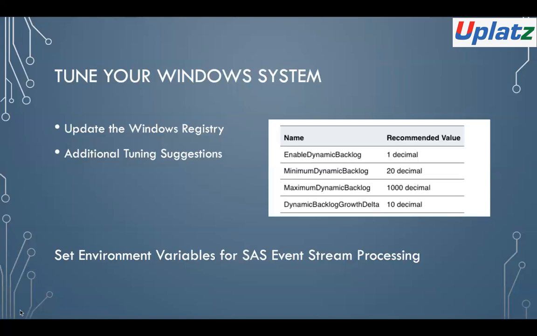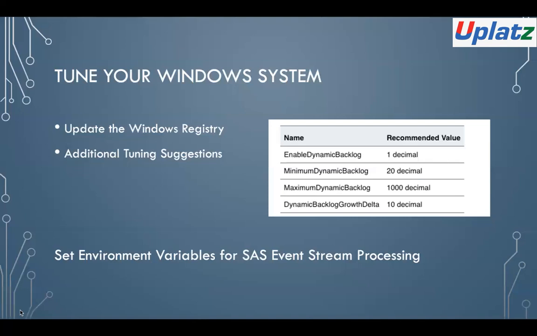And finally, in the pre-installation task, if you have a SAS Event Stream Processing product or component available in your software, you will also enable or set an environment variable for your deployment.